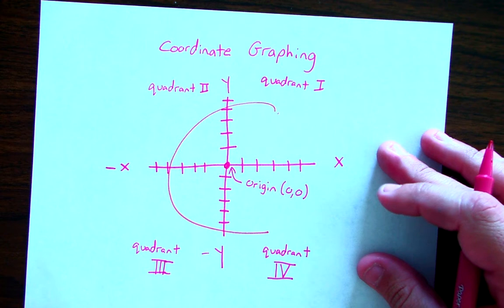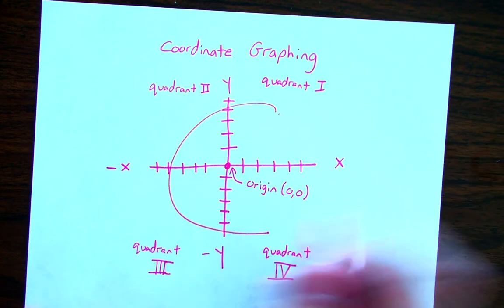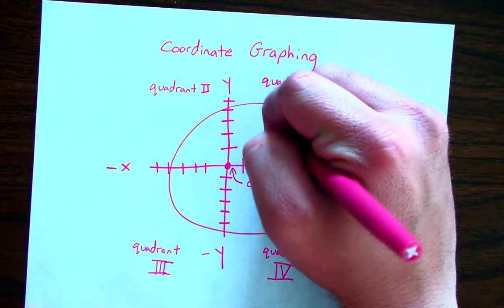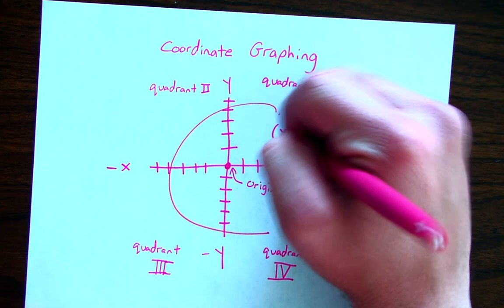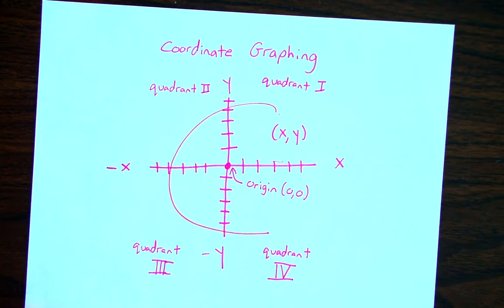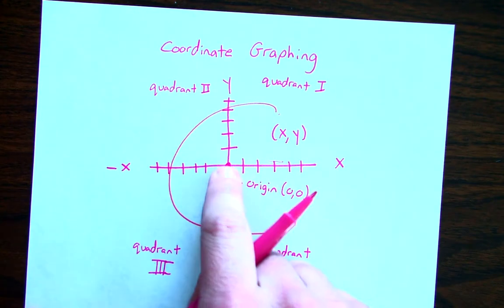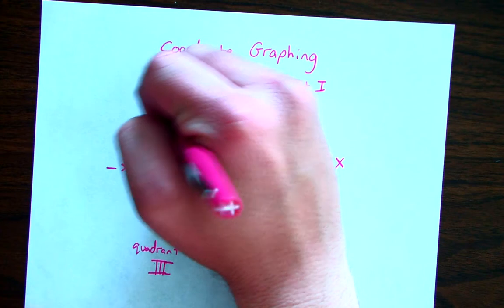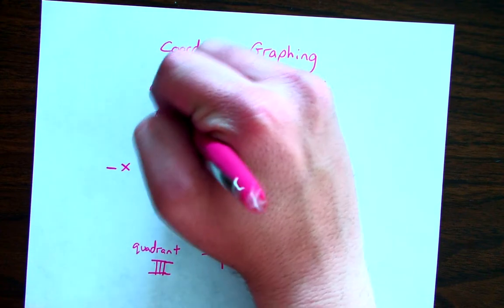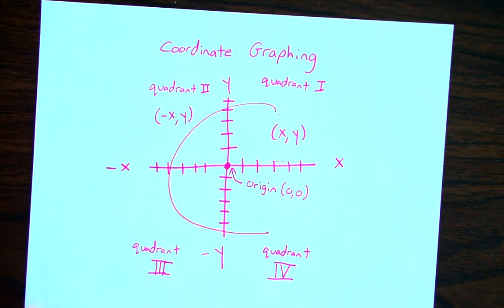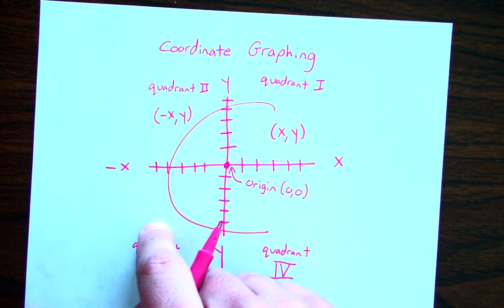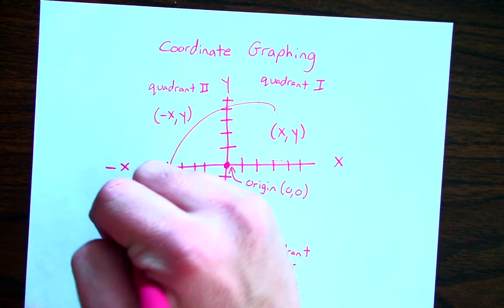Okay. Now we also talked about quadrant 1. That is when you have a positive x value and a positive y value. Quadrant 2, that's where your x value is negative and your y value is positive. Quadrant 3 is when your x value is negative and your y value is negative.